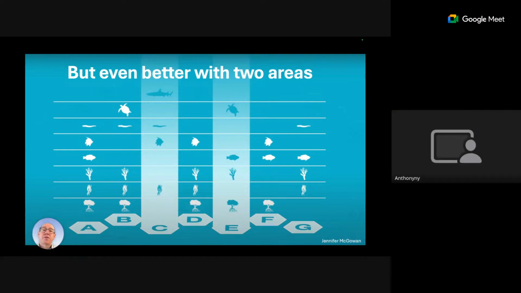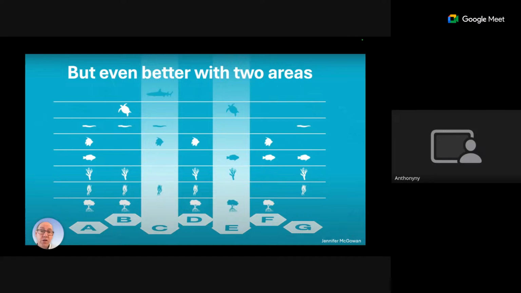Yeah, that's a good question, Greg. So we generally use distributions of different species, and so you're right, for things that live on the bottom, they might be more sedentary, and so you protect an area, you know you're protecting that, and it's not going to move, like coral, for instance, or seagrass.